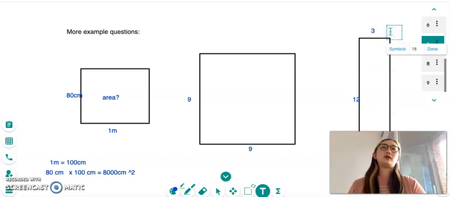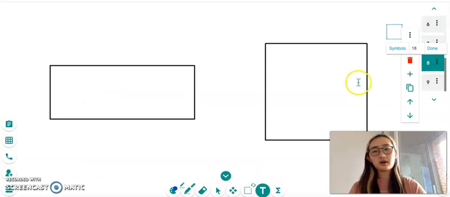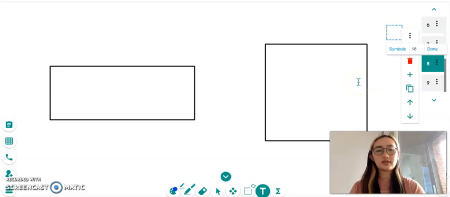Maybe try and make it a bit harder, push them if they seem to find this easy.